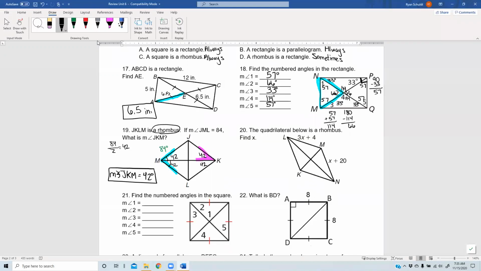Okay, number 20. The quadrilateral is a rhombus. Find X. Well, what do we know about a rhombus? All sides are the same. So to get X, I just have to set 3x plus 4 equal to x plus 20.